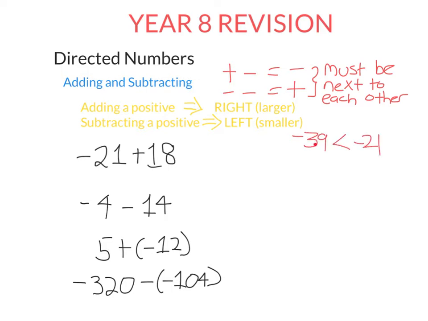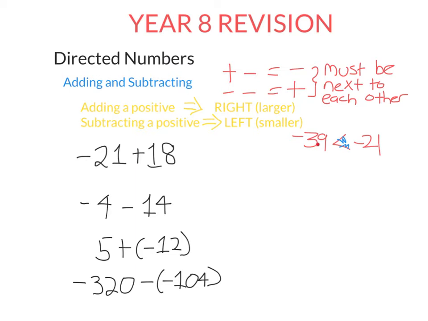Even though 39 is clearly bigger than 21, when you stick a minus sign in front, you change this inequality here. So remember, when you're doing these inequalities, less than or greater than, the crocodile eats the bigger number. The bigger number here is minus 21, so that's why this symbol here is pointing to the left. The crocodile's mouth eats minus 21.